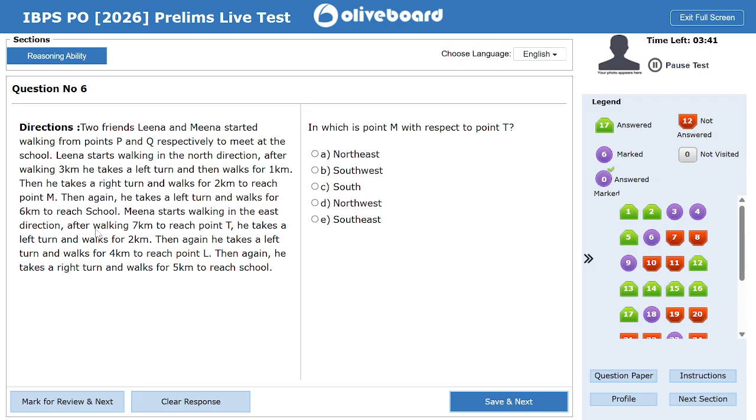After walking 7 kilometers to reach point T, he takes a left turn and walks for 2 kilometers. Then again he takes a left turn and walks for 4 kilometers to reach point L. Then again he takes a right turn and walks for 5 kilometers to reach school.